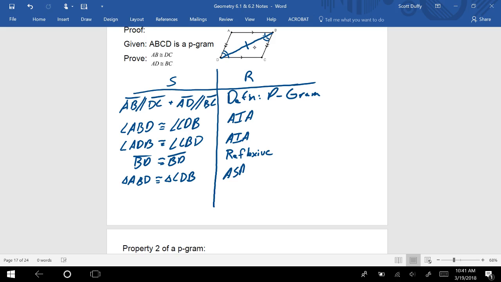And now I can state that AB is congruent to DC by way of CPCTC. Also, AD is congruent to BC by way of CPCTC.